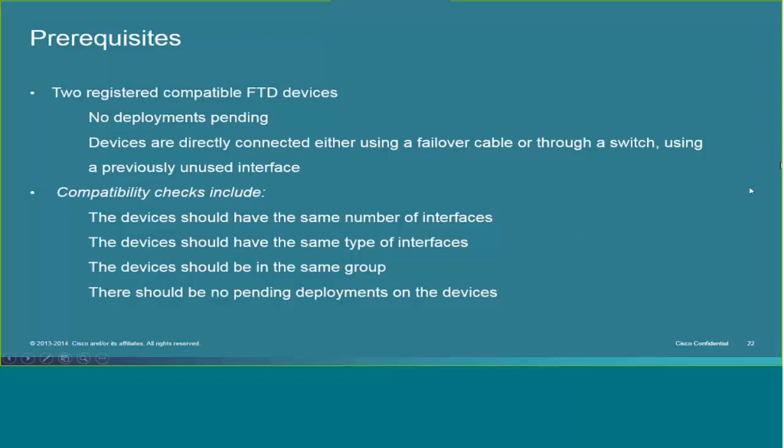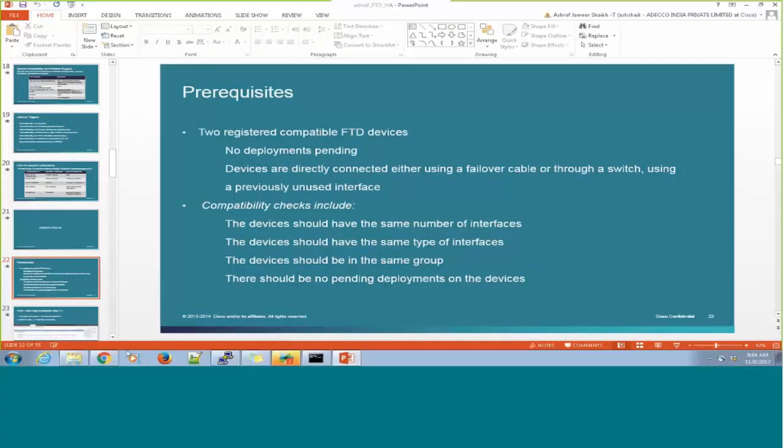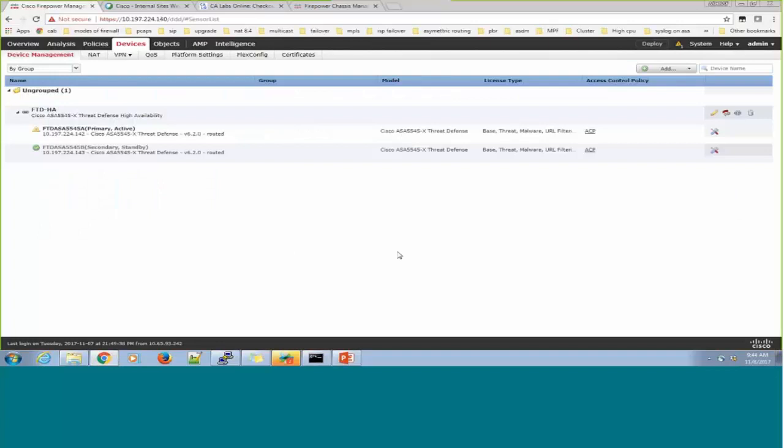So I'll just take you to my setup. You can go to the devices section on the FMC, device management, and then click on add. First of all, we had these 2 devices registered separately to the FMC, FTD 5555A and FTD 5555B. Then we clicked on add HA.